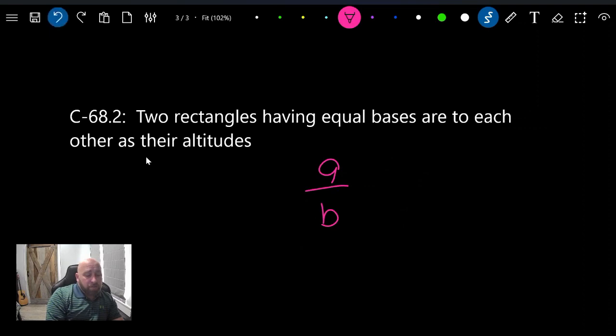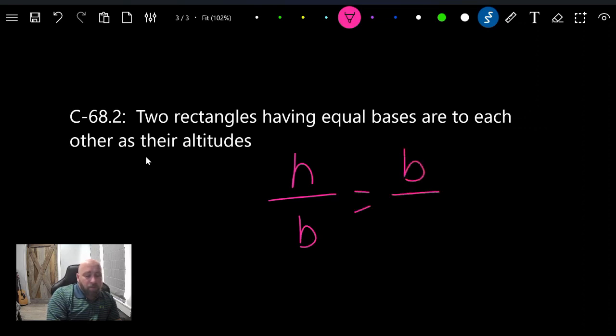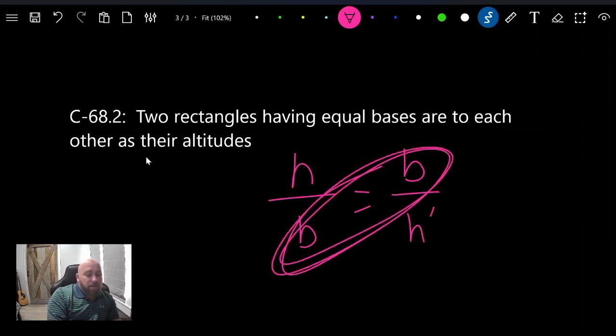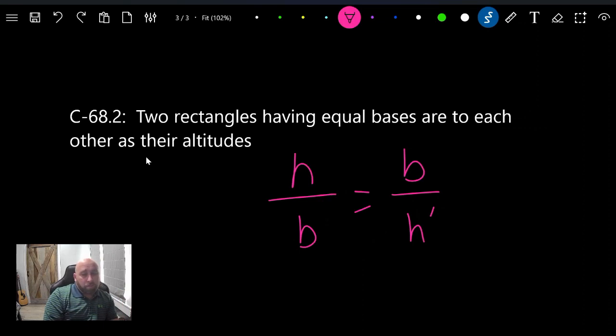So this proportion is going to look like the altitude over the base equals the base over the altitude prime. So when these are equal, you end up with a mean proportional.